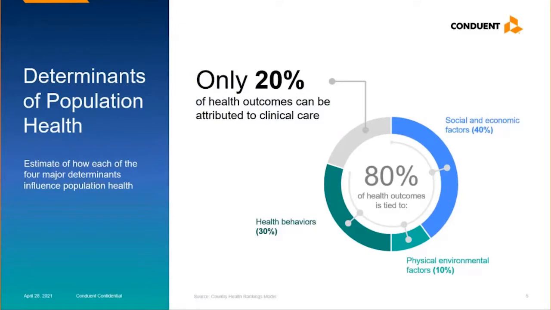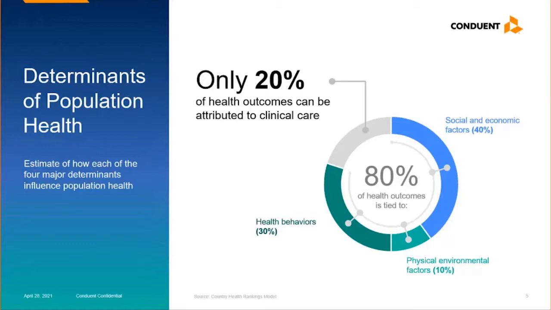So all of you caregivers on the line, you case managers, your quality professionals, only 20% is attributed to clinical care. So what do we do about the other 80% that determines the health of our population? As you can see, it's around social and economic factors, health behaviors, and even your patient's physical environment.